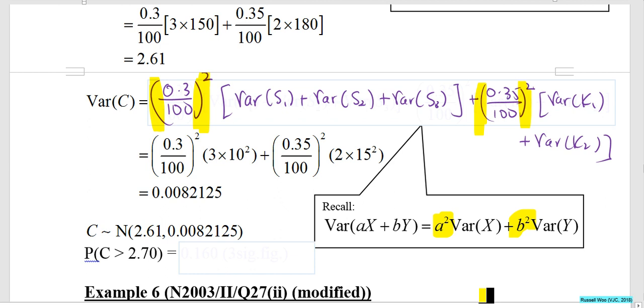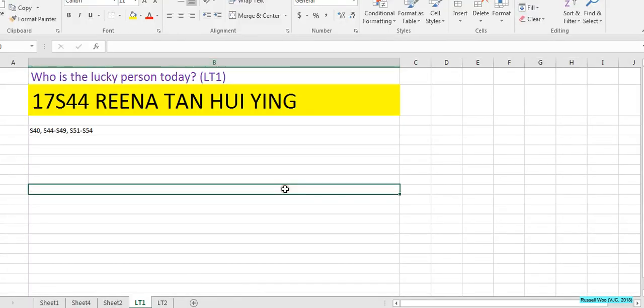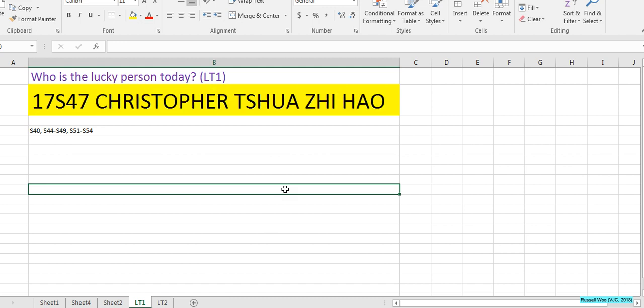I want this answer: probability C greater than 2.7. Three, 2, 1, go. Christopher. Go answer? Very good. 0.160. Well done.